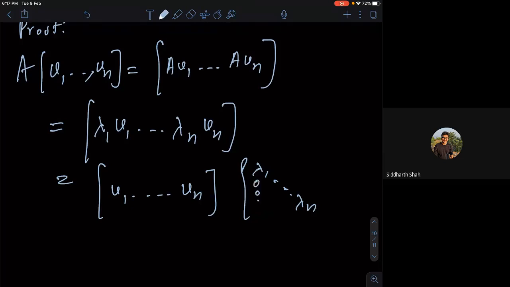Maybe I can clarify it. What is lambda 1 0 0 up to 0? If I multiply this column with this matrix, it is going to give me lambda 1 times V1. That's exactly what we wanted here. Lambda 1 times V1 gives me lambda 1 V1. Okay. So this is then lambda 2. That's our theorem.